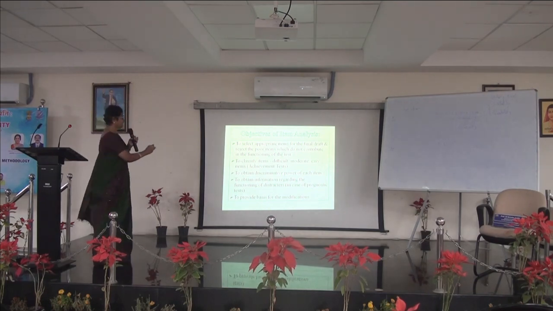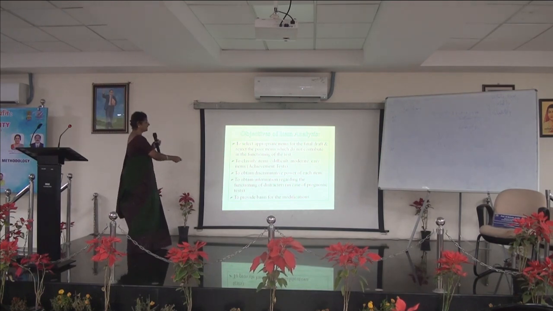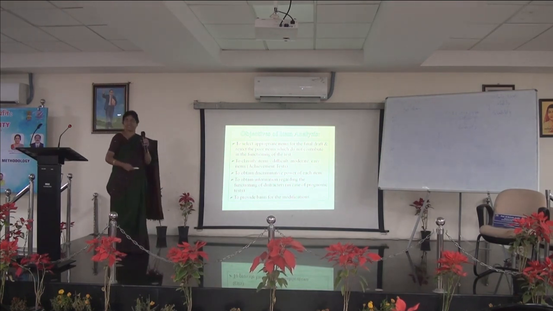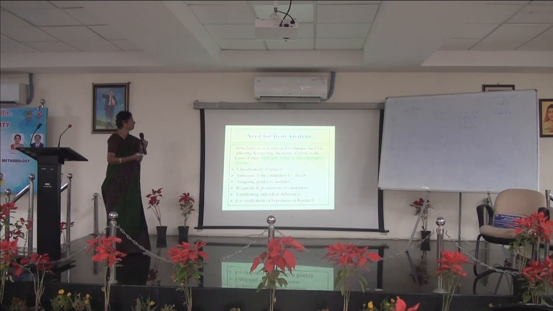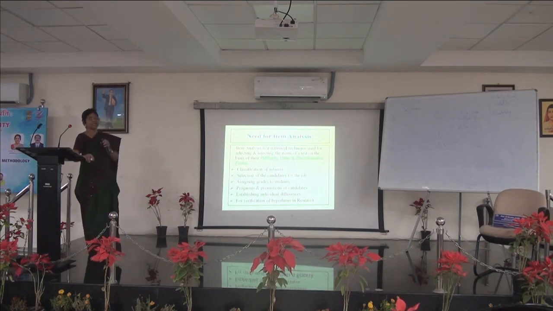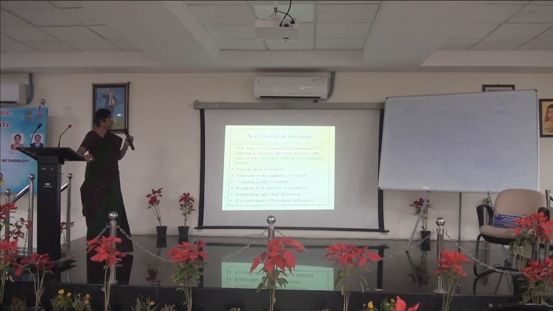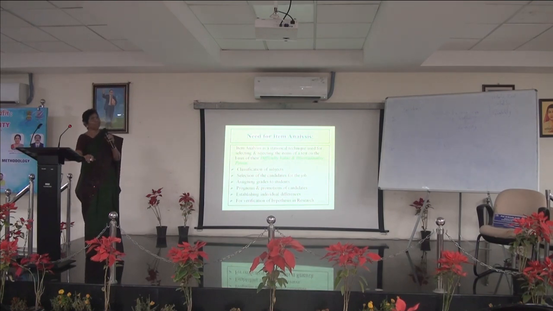In a prognostic test, we do distractor analysis and provide a basis for modifications. And what is the need for item analysis? As I said earlier, it is to select, reject or modify the test based on difficulty value and discriminative power.